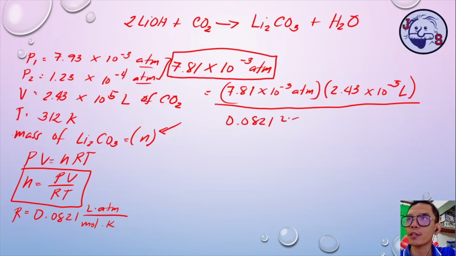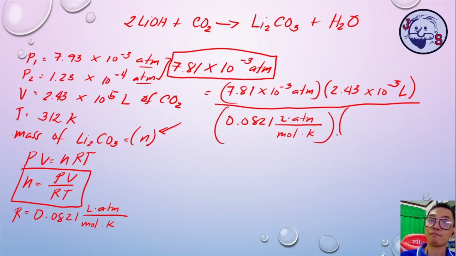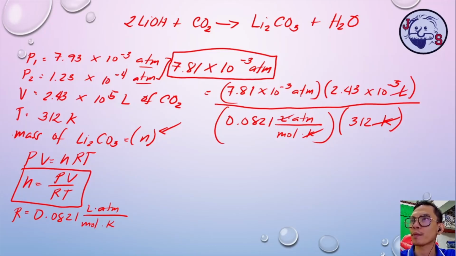And the temperature is 312 Kelvin. We need to cancel out everything except the mole, so the mole is the remaining unit. Let's compute this one at a time.